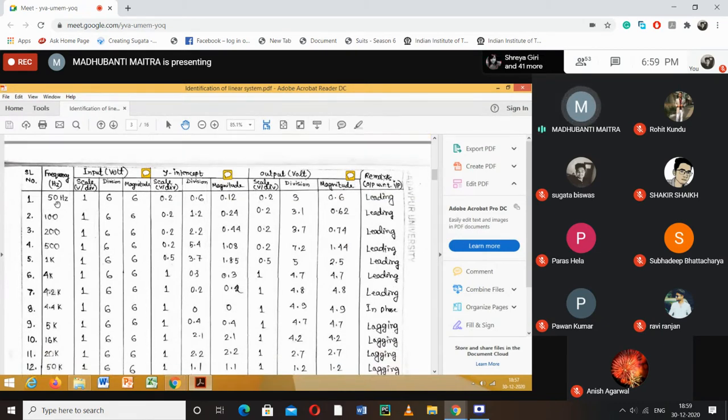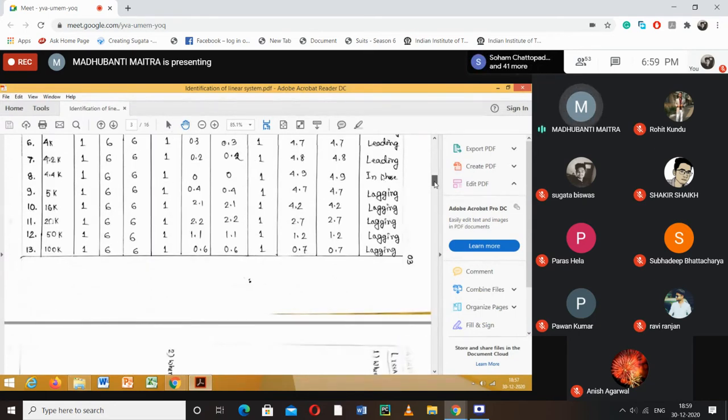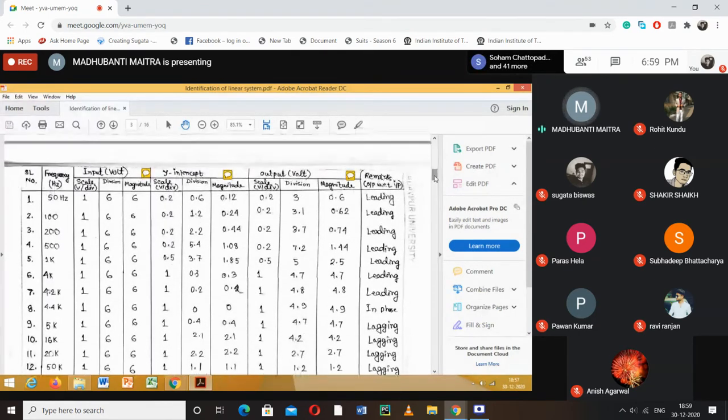So you see we are varying the frequency from 50 hertz to 100 kilohertz, right? And as I said, the input magnitude, this is basically the amplitude of the input sinusoid. The scale in the oscilloscope has been fixed at 1 volt per division. You have used oscilloscope, you know how to take readings, right?